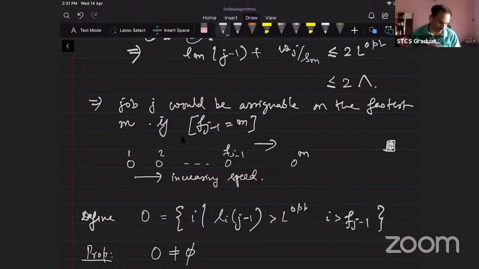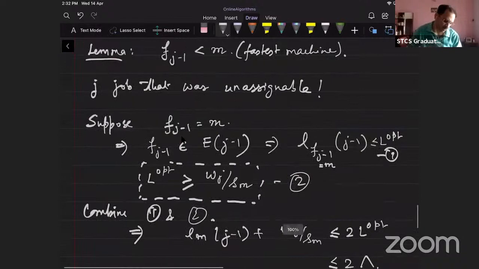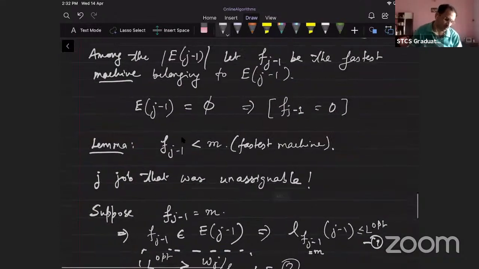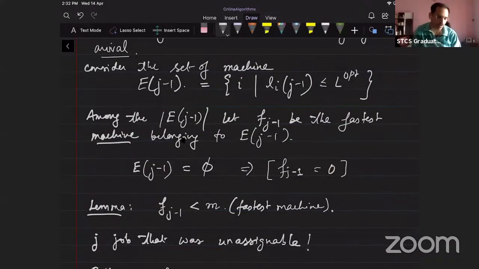If you understand the definition of O, it should be obvious why it is not an empty set, given our previous proposition which showed that Fj minus 1 is strictly less than M. So what is Fj minus 1? Ej minus 1 is the set of all machines whose load just before job J's arrival is less than LOPT, and Fj minus 1 is the fastest machine among all of them.